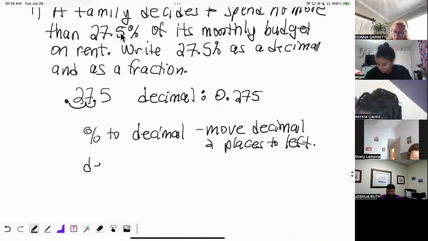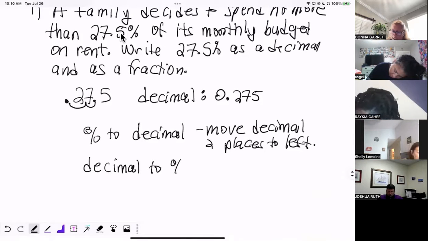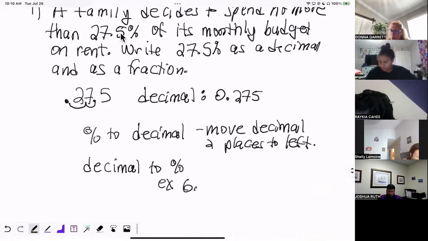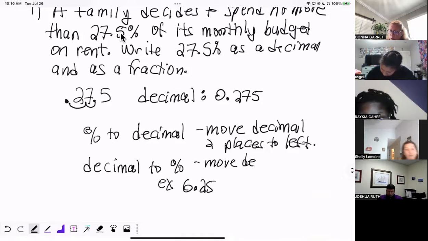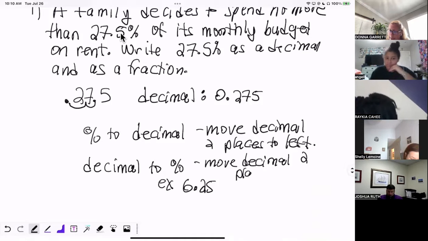And the opposite, we're going to do next. I'm going to write here decimal to percent. So let's say, for example, I have 6.25. I'm going to move the decimal 2 places to the right.